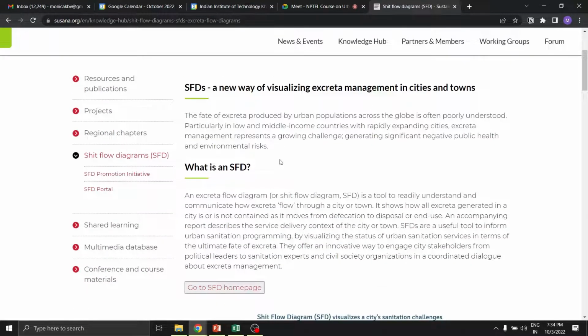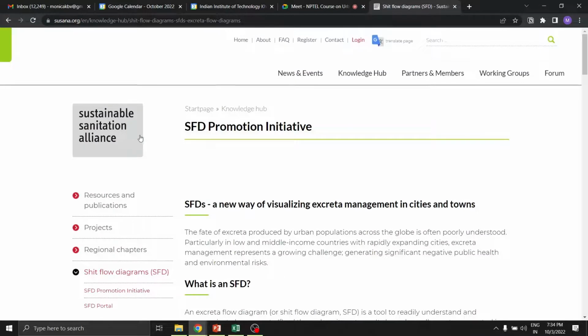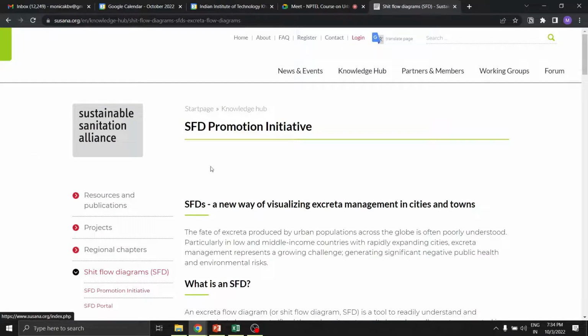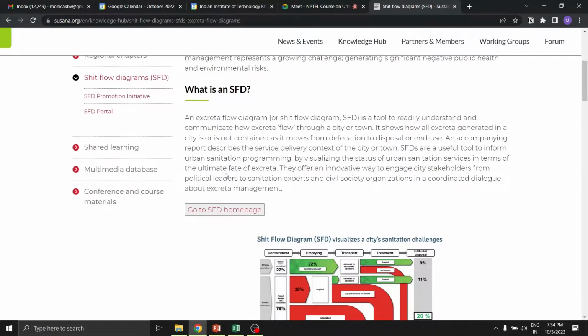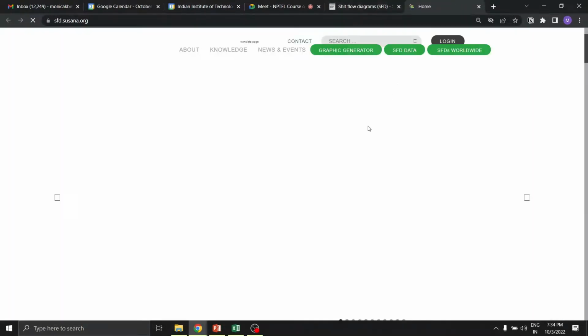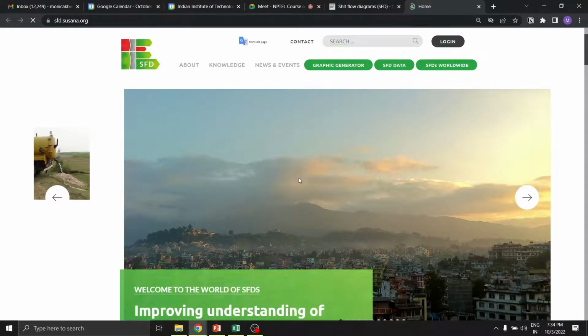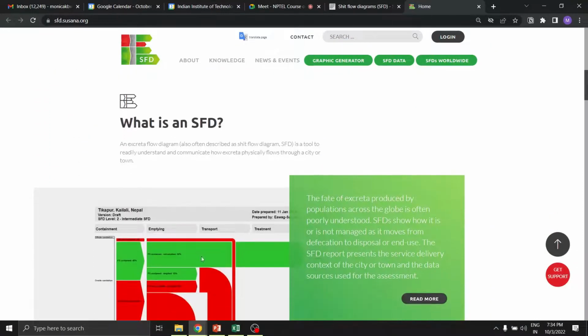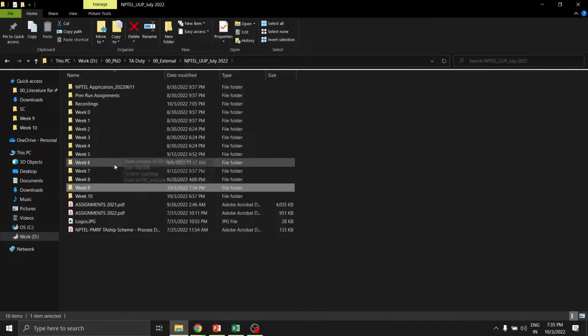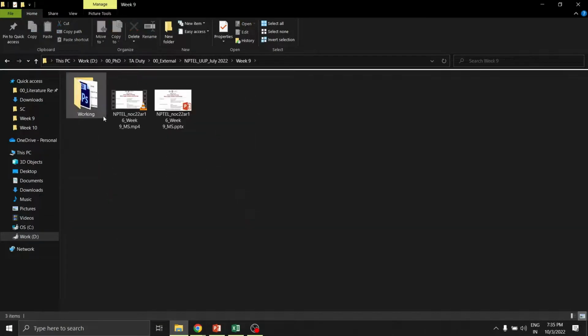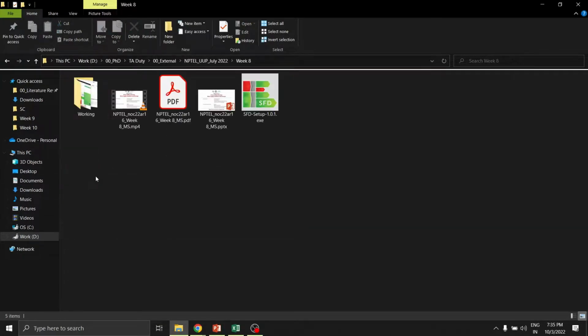Okay, so a shit flow diagram is actually an initiative of the Sustainable Sanitation Alliance. It's a very interesting tool because it makes the whole process fun as well as very informative, right? I think I have a downloaded version. One second.